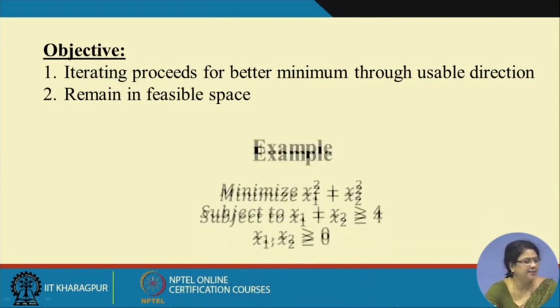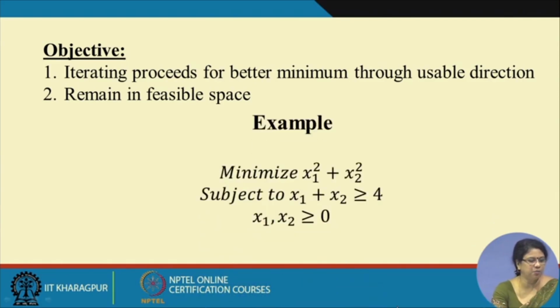And for explaining more about it, I am just giving one example of what it means for the descent direction and the feasible direction. This is the problem for us. You must be realizing descent direction corresponds to the objective function and feasible direction refers to the constraint function.